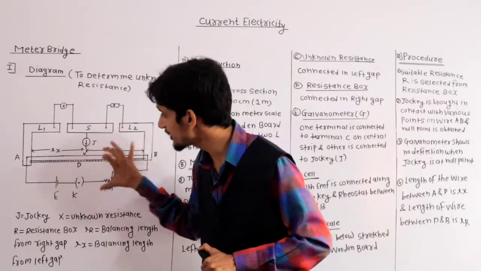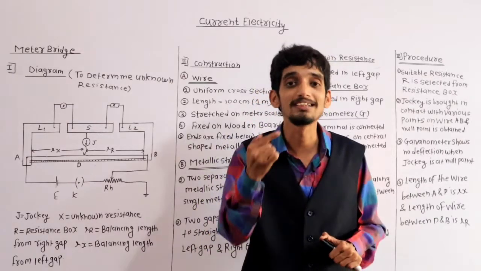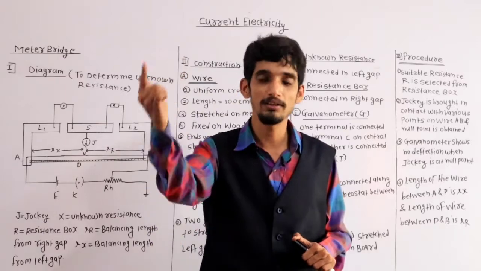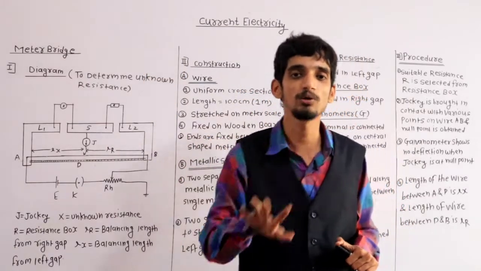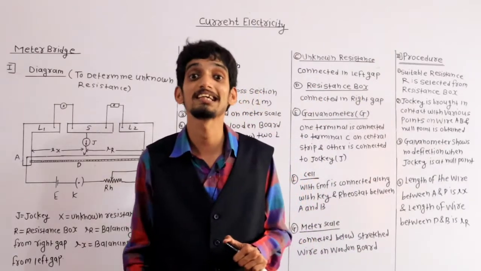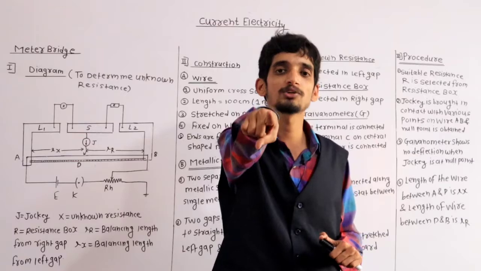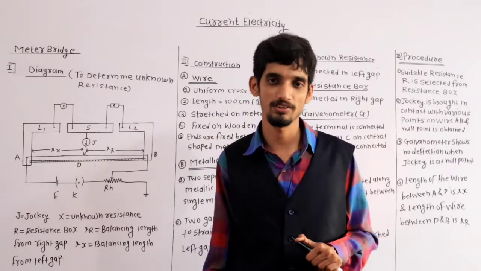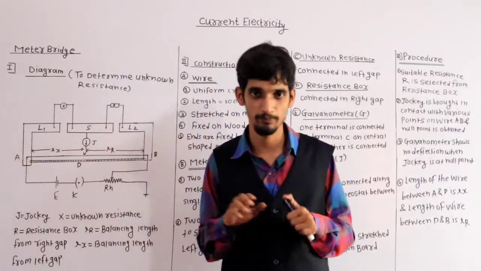So these 2 points are equipotential, so current through the galvanometer is 0. It means that point on the wire in the meter bridge experiment at which the current through the galvanometer is 0 is called the null point, because at that point the galvanometer shows 0 deflection, means null point, null deflection. Clear? So null point is an important point.